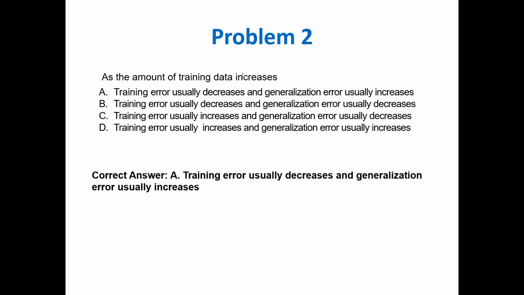So if the data set is limited, then the train set will also be limited, and if the train set is limited, then error will also be more. So if we increase the training data, then training error will decrease and we will move towards more accuracy, and generalization error will usually increase.